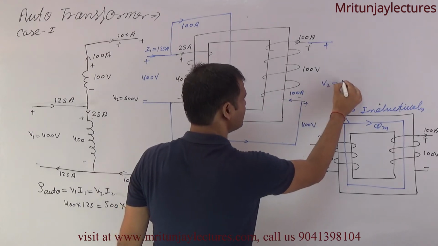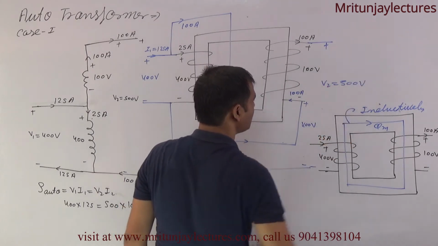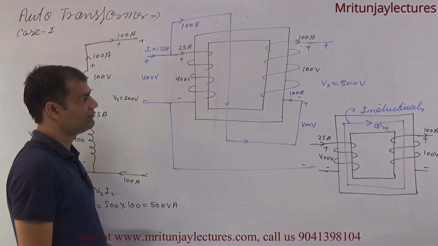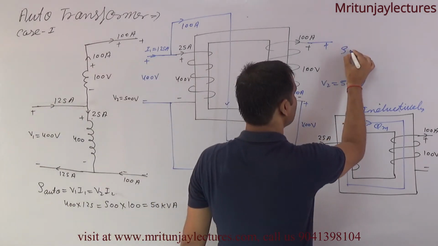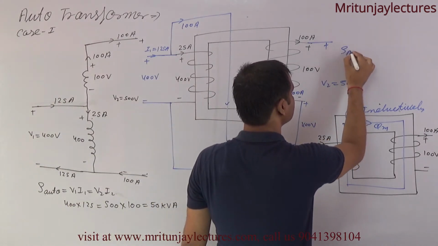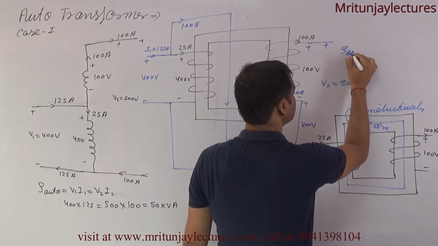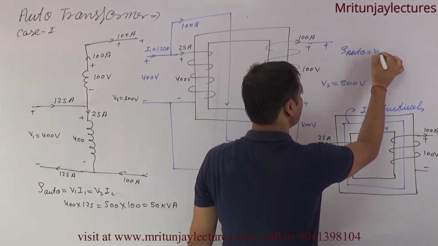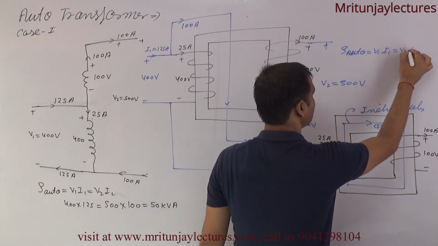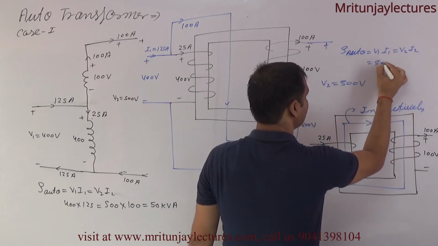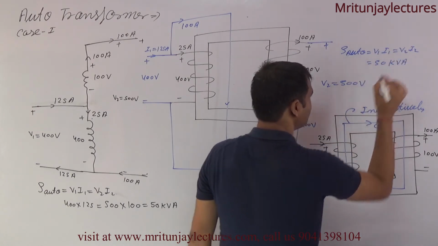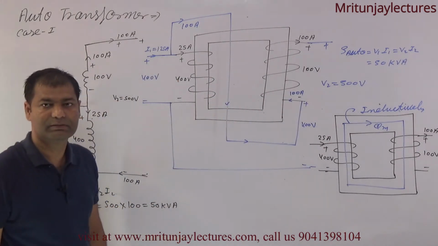What about V2? That is 500 volt. Clear? Same, that is S auto. S auto is written as V1 I1, this will equal to V2 I2, this will equal to 500 kVA. It is clear how to make.